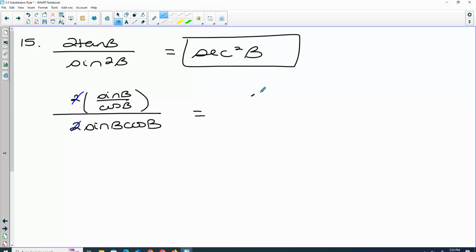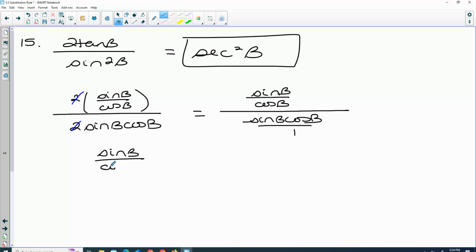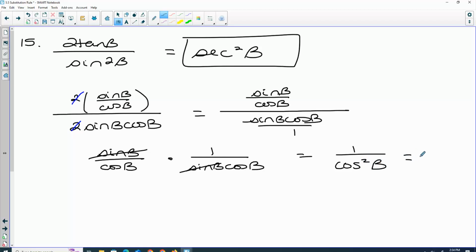And so what we have is sine over cosine divided by sine cosine over 1. How do you divide fractions? When you do that, what happens? Cosine times cosine is cosine squared. So this is one of the identities you have to know. What is the reciprocal of cosine?